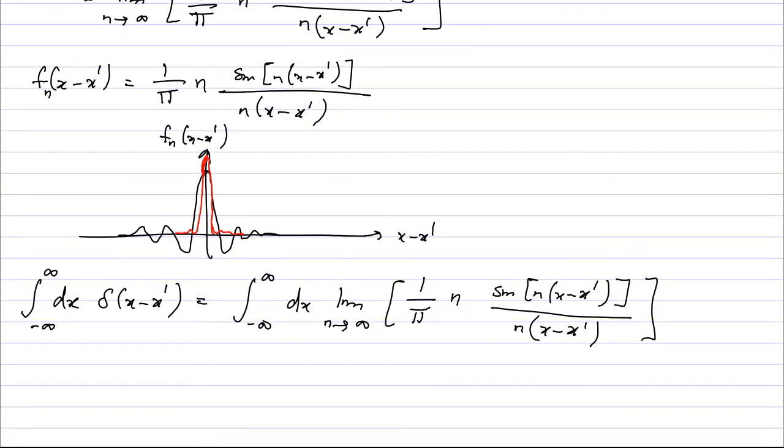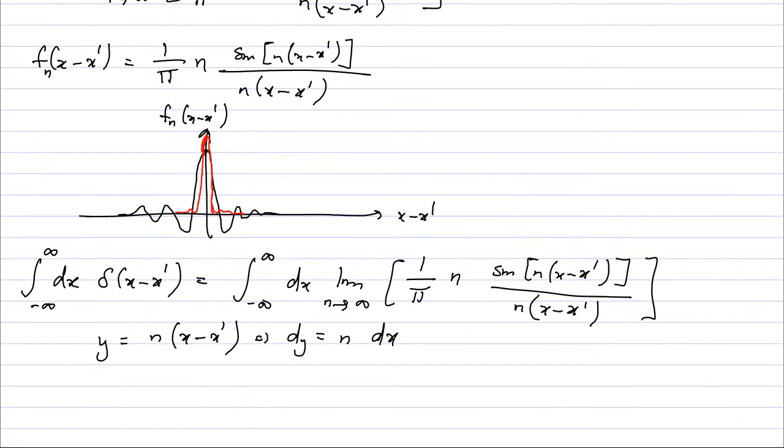Now I can do a simple change of variable. Let me define y as n(x minus x prime), which immediately implies that dy is equal to n dx.